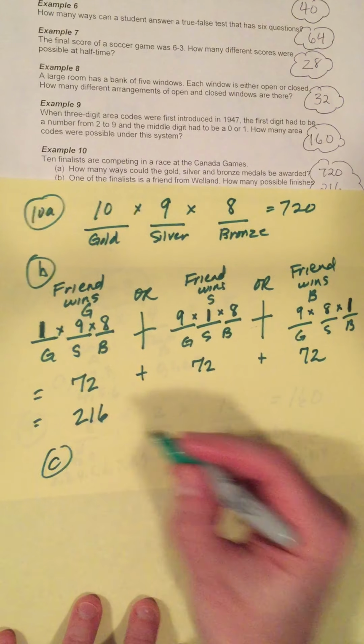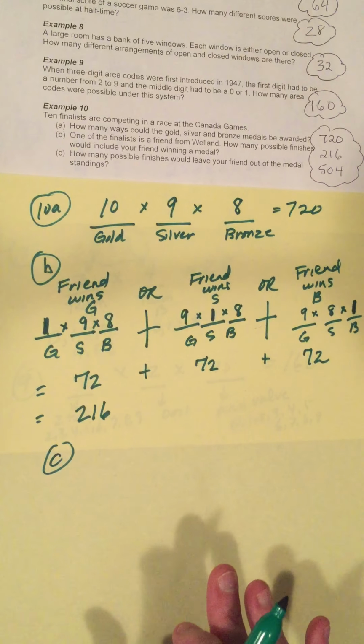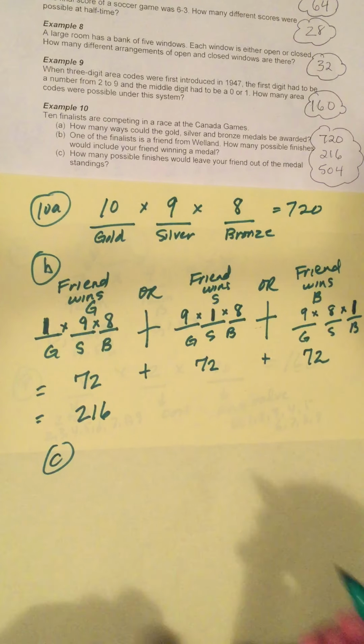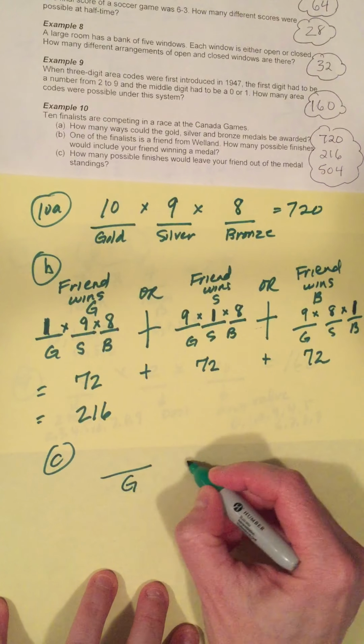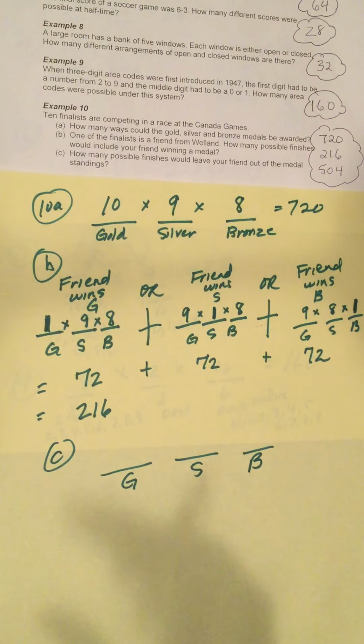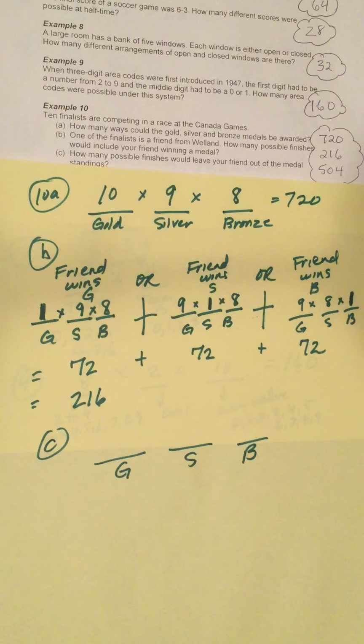Okay, let's look at C. How many possible finishes would leave your friend out of the medal standings? Okay, let me think about this. Again, I'm standing at the finish line and I've got the 3 medals in my hand and the runners come around the corner.